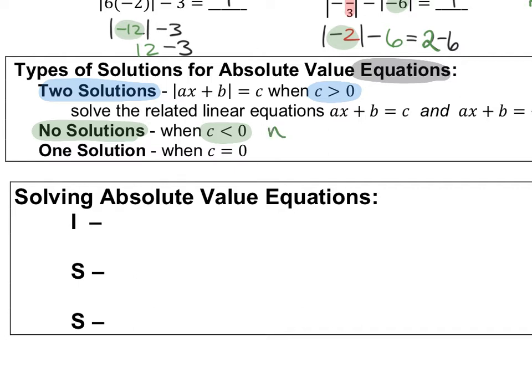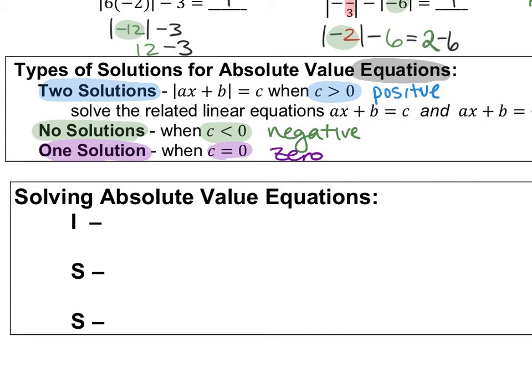That means that the number is negative. Let's go ahead and write the word positive right here. So if it's equal to a positive number, 2 solutions. If it's equal to a negative number, no solutions. And the last option is if it's equal to exactly 0, you're only going to have 1 solution.